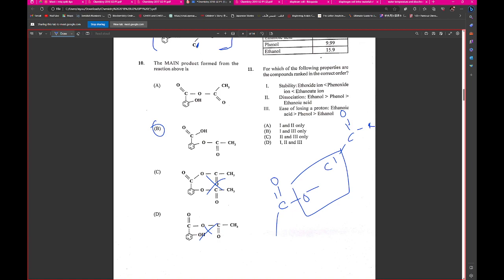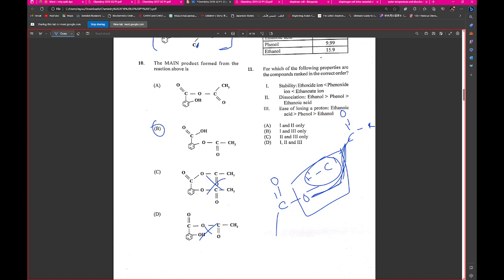So it may be possible to occur in some way, shape, or form, but it will not be the most apparent product. I think B would be the safer one, to be very honest. I understand that the hydrogen would break off and create this, and then this will bond here. But most likely, I think the OH group is what it attacks more so than the carbonyl group.